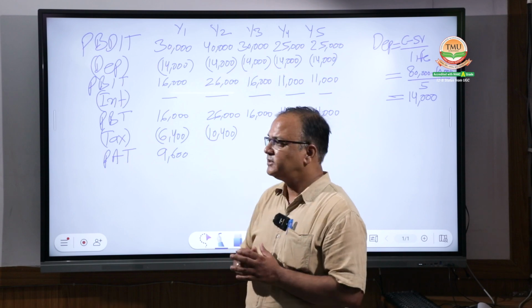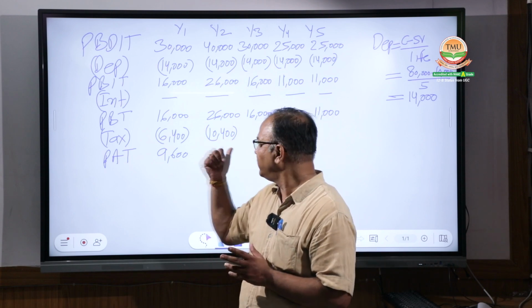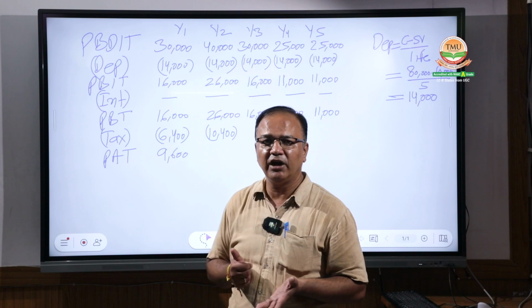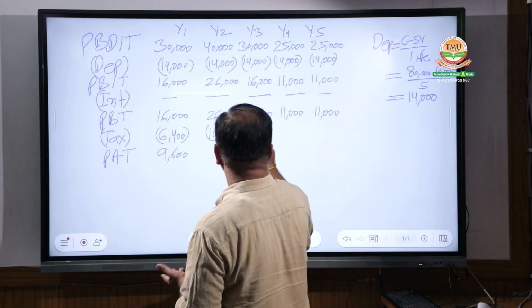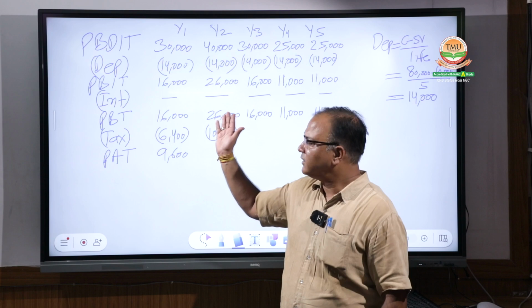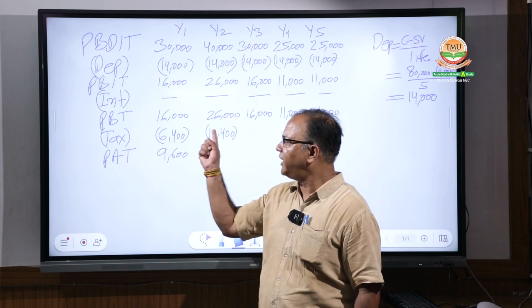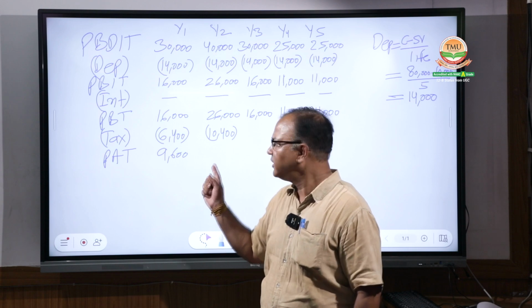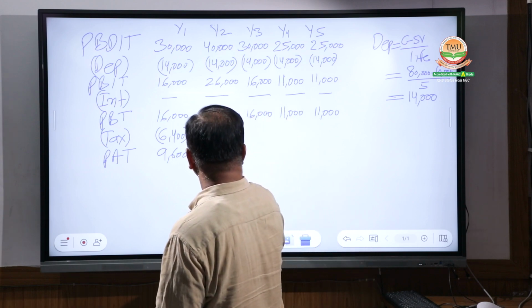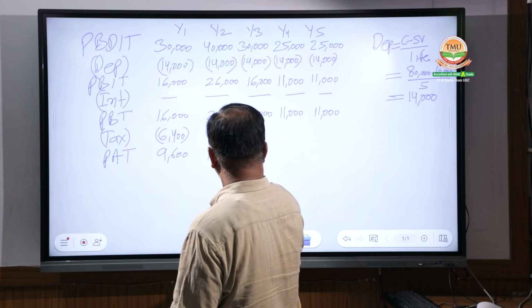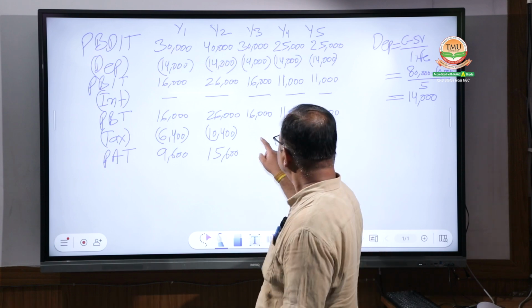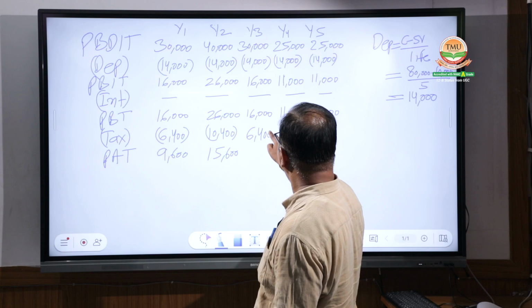Again, in the second year, the profit before tax is 26,000, and if we charge tax at the rate of 40%, it will be 10,400, and if we deduct 10,400 from 26,000, it will be 15,600. Again, in the third year, tax is 6,400.